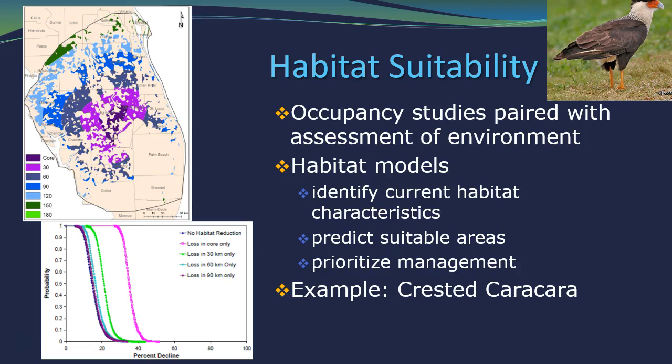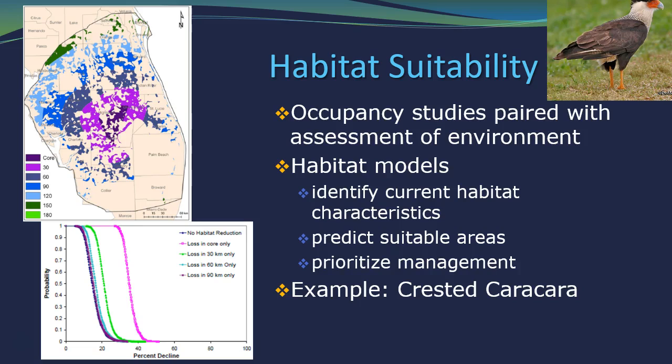So for example, in these pictures here, we have a map of the middle to southern portion of Florida. This is the area for the northern crested caracara, the bird up in the corner. It's a scavenger. It's a pretty large bird, and it's having issues with habitat loss.